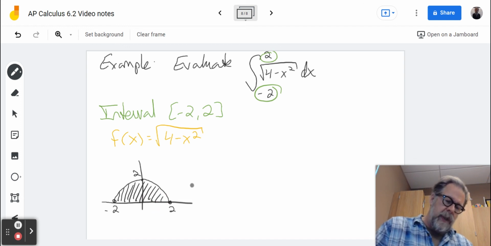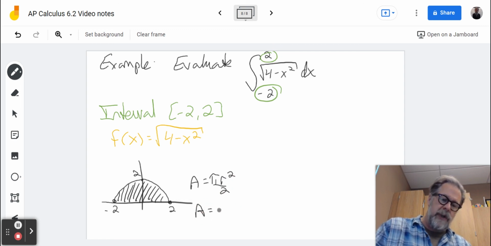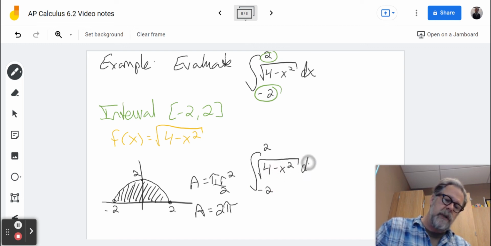I know that the area of a circle is pi r squared, but I've only got half a circle here, so I'm going to divide it by 2. With radius 2, the area of this semicircle is pi times 2 squared divided by 2, which tells me that the integral from -2 to 2 of the square root of 4 minus x squared dx is 2 pi.